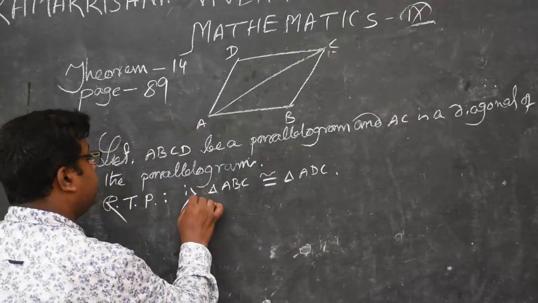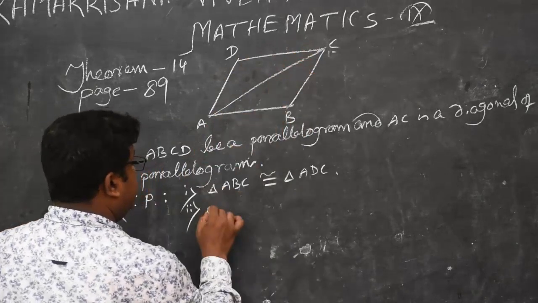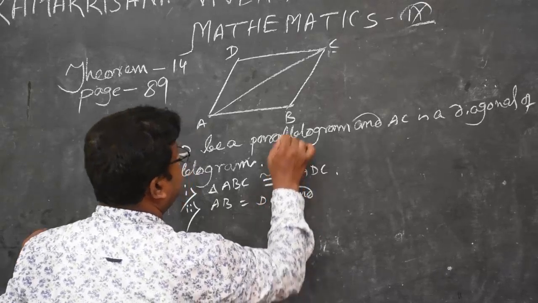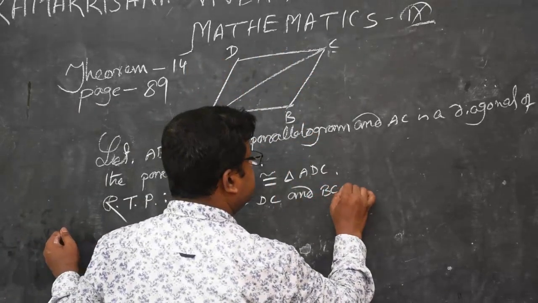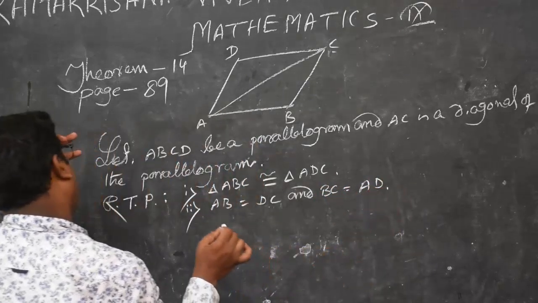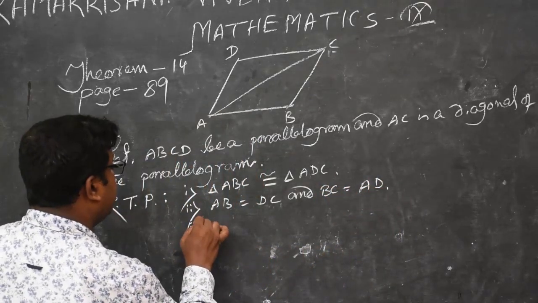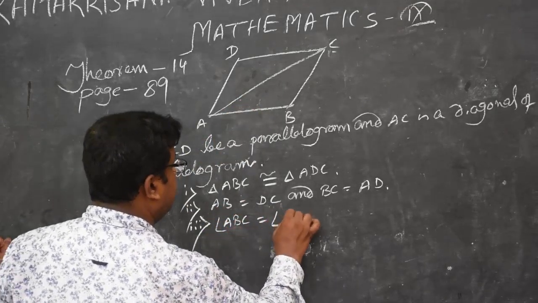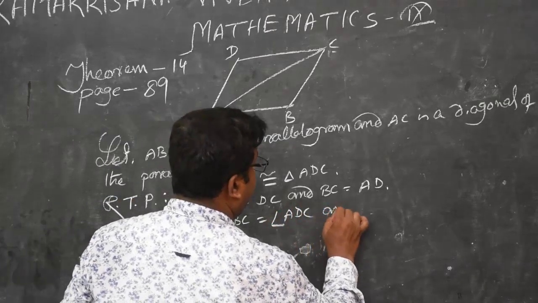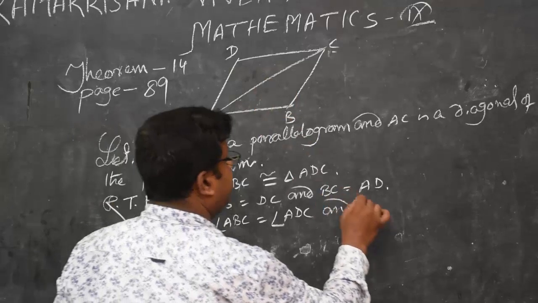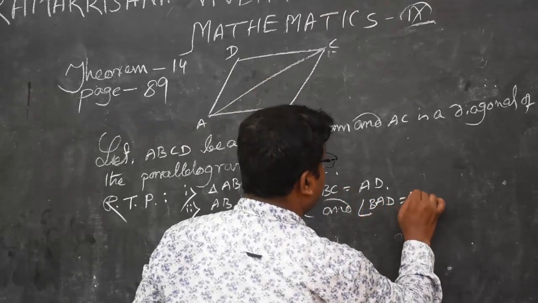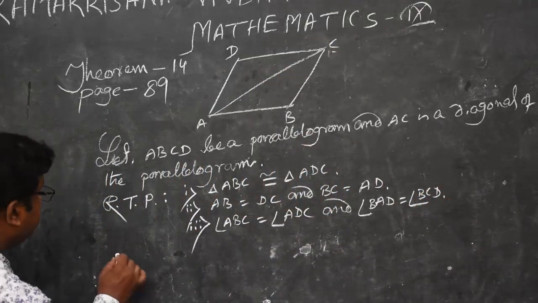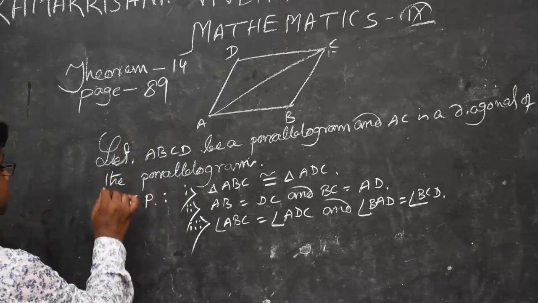Number 2, AB equal to DC, and BC equal to AD. Opposite angles are equal. Number 3, angle ABC equal to angle ADC, and angle BAD equal to angle BCD. Okay, let's prove one after one. Here construction is not required. Okay, proof.